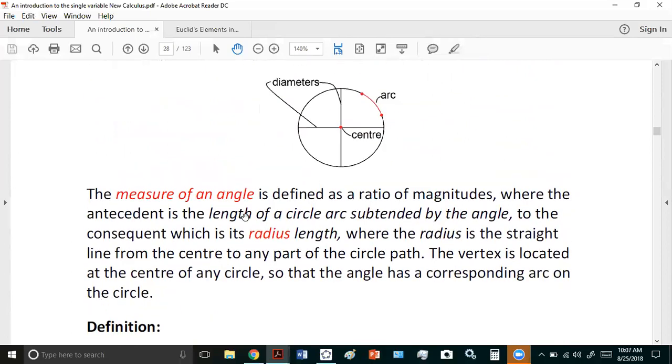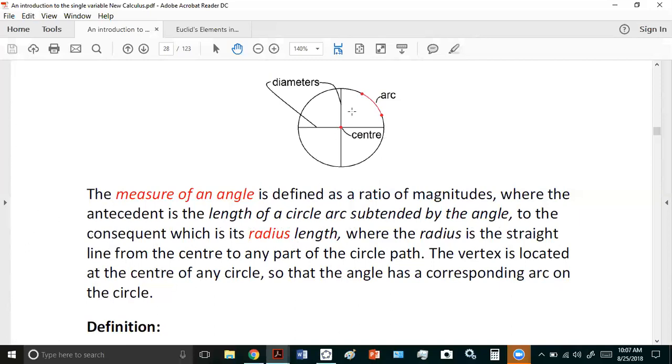So a measure of an angle is defined as a ratio of magnitudes where the antecedent, or the numerator, is the length of a circle arc subtended by the angle to the consequent, or the denominator, which is its radius length. And the radius is a straight line from the center to any part of the circle path. The vertex is always located at the center.